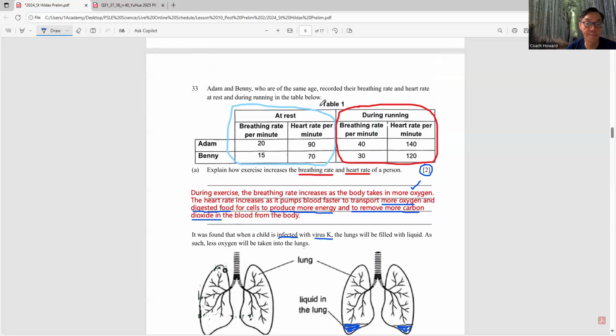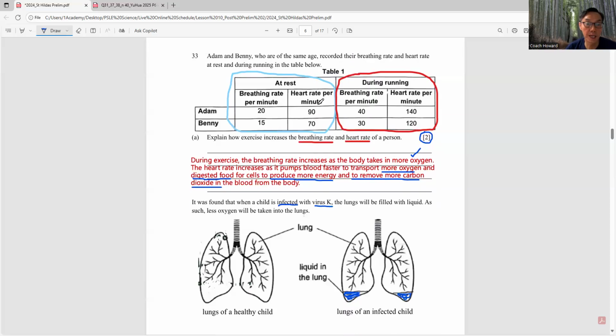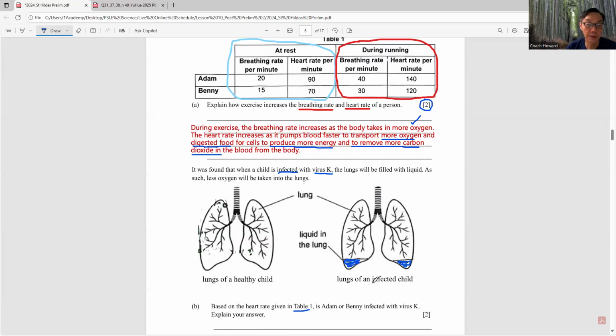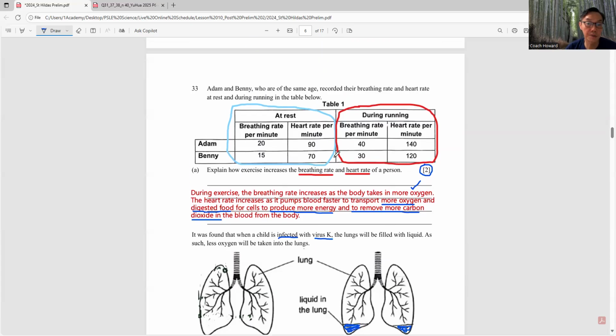Table 1 is here, right? So they say, which one is infected with the virus? Because you see, the infected child has a lesser lung capacity because this part is being filled with liquid. So in order to compensate, to have the same amount of oxygen, the infected child needs to take in more breaths per minute.